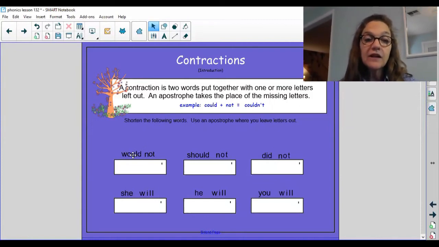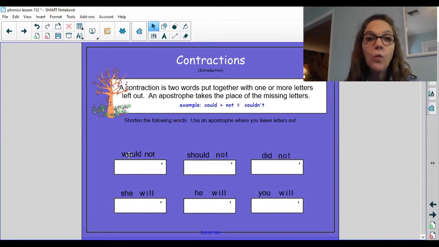Okay, so let's look at some of these other words that we're going to put together. Now I want you to notice up here that when we put could and not together, we get couldn't. The O in not has been left out. So they put an apostrophe there to let us know that some letters have been left out. Okay? So if we had would and not, and we put them together, the baby would not stop crying.